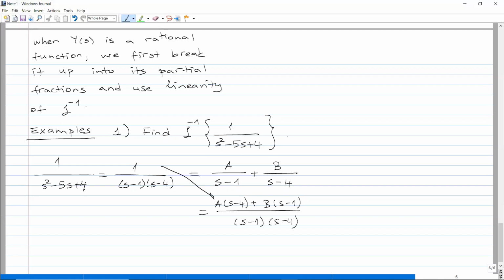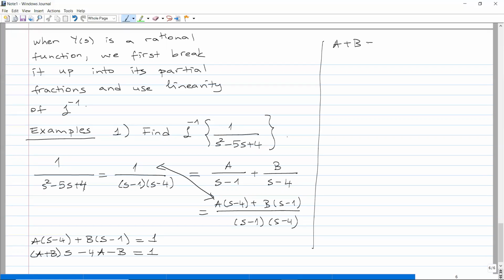So the numerators have to be equal. So a times s minus 4 plus b times s minus 1 should be 1. That means a plus b times s, minus 4a minus b, should be 1. This means a plus b should be 0, and minus 4a minus b should be 1.